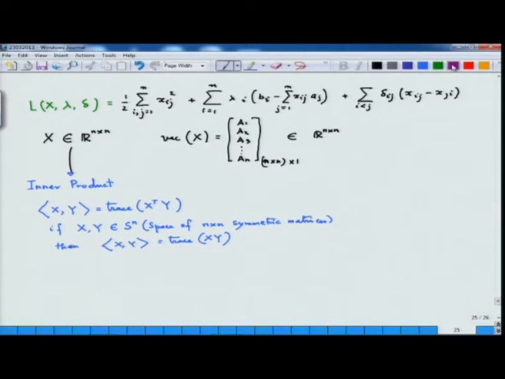It is written as lambda times B minus X A, and this means lambda B minus lambda times X A.